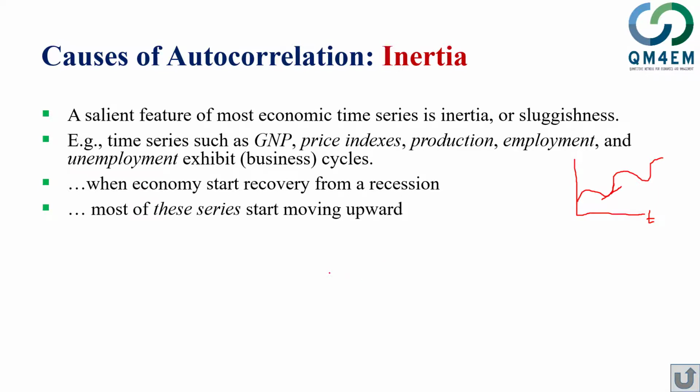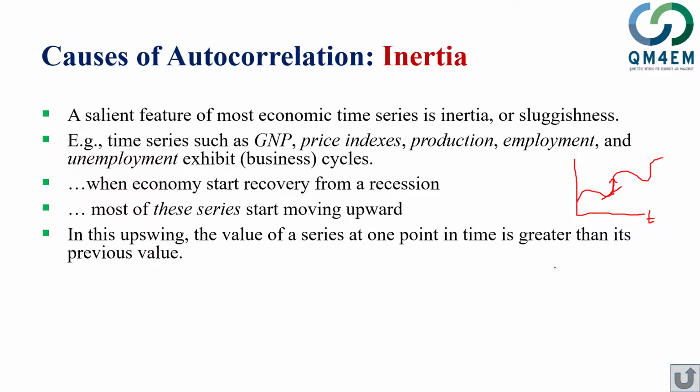What happens then? Most of the time series start moving upward. For example, if we are here, the unemployment would be the highest because the economy is at the bottom. But when the recovery starts, when it's moving upward, unemployment would start reducing, or employment would start increasing, production will start increasing, price indices will start rising, the GNP would start rising. So all these will start moving.